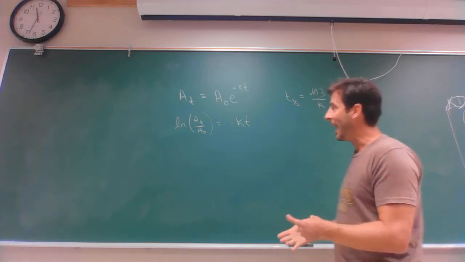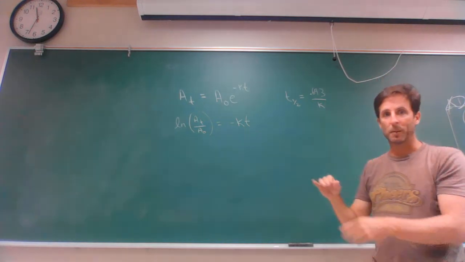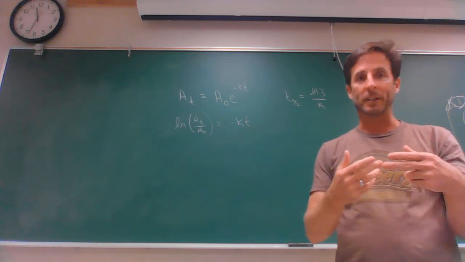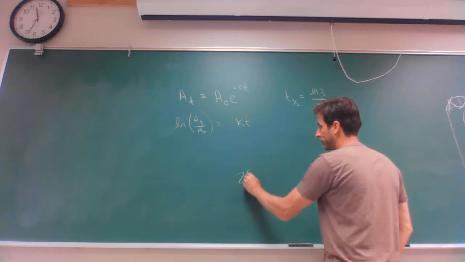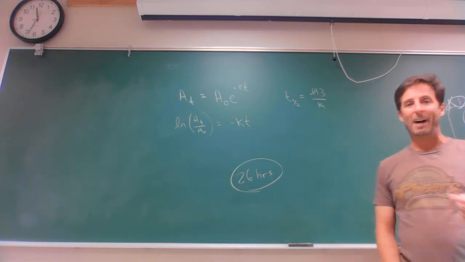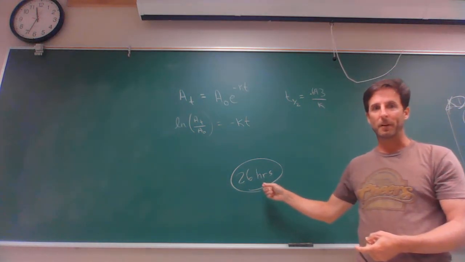Now, I could solve it with one of these equations and do some heavy math with it, but I also can apply a little bit of logic and say, okay, if it's 26 hours that have passed, they told me that the half-life is 13 hours. This is twice the half-life.